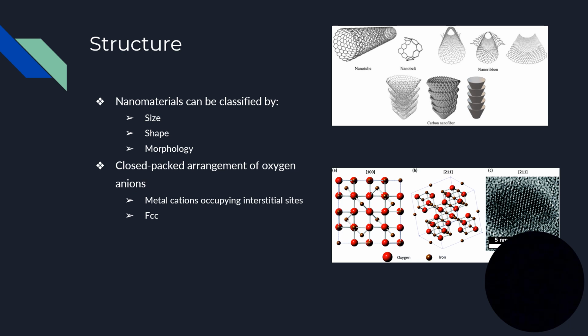And you can see in the top picture that these are different types of nanoparticles that could actually be made, and this is the shape and the morphology that we were talking about. In the bottom picture, this is what the oxygen with iron looks like in the nanoparticle realm. On the right side, you can see this is an actual picture of what a nanoparticle looks like.